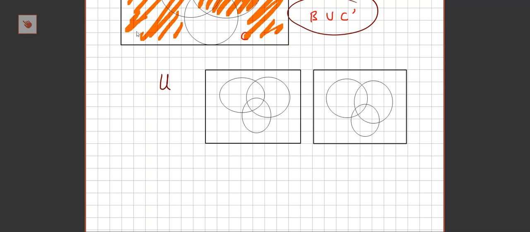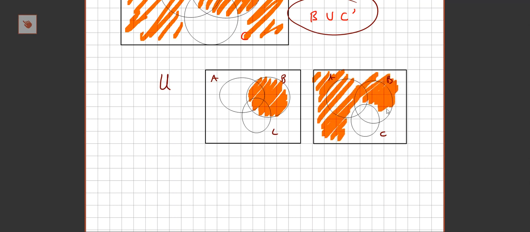So if I do A, B and C, and do a union, you can think of it as take all of B, and then take all of not C, and then because it's a union, you just overlap one over the other and see what you're allowed. The bit that I'm allowed is obviously that bit in there, which was not shaded, so I'm allowed it. This bit is in both, so it's fine. So union is when you are allowed to keep both.